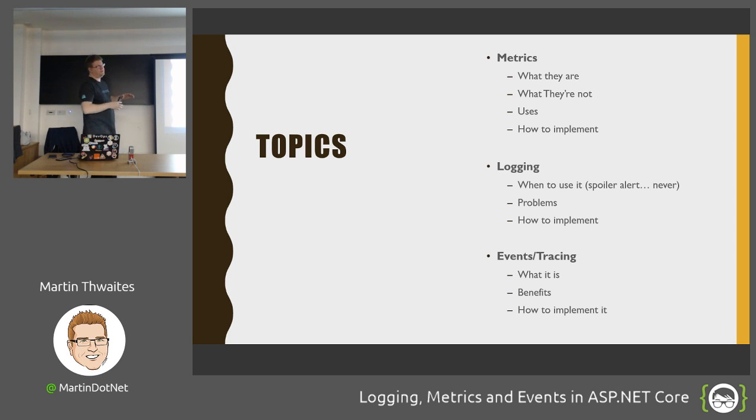I'll come on to events and tracing because they are an interesting term at the moment. There are quite a few people who've not quite put a term on what they are. We know what they're useful for, but we haven't put a term on it, because events has a connotation that is not what we mean.